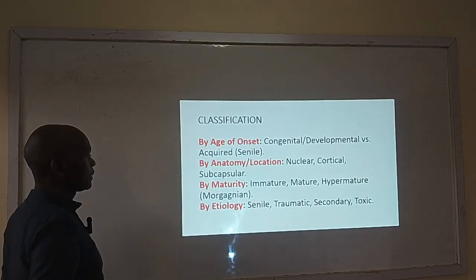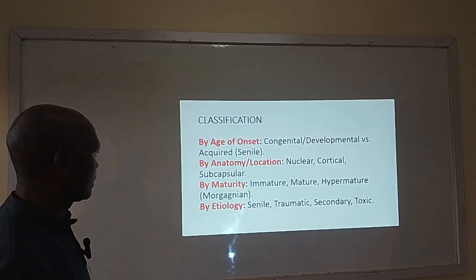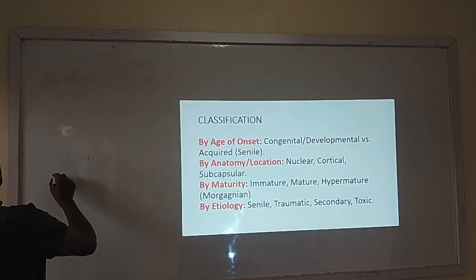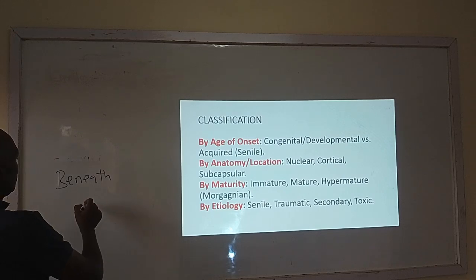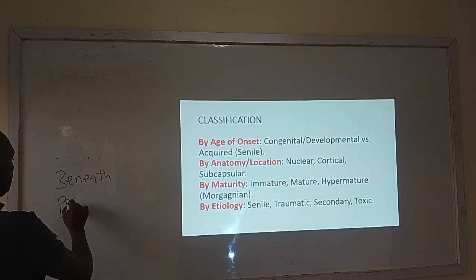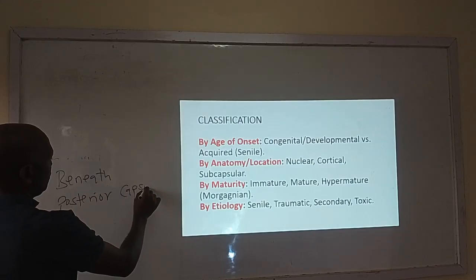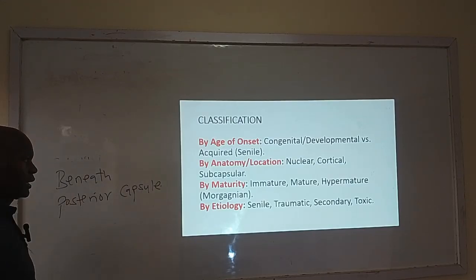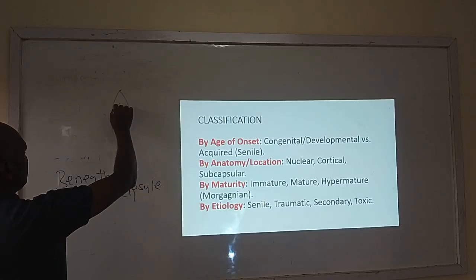And when you talk of subcapsular cataract, it is an opacification that is beneath what we call the posterior capsule of the lens. When you look at the lens, it is usually in the middle, then you have a capsule on each side.